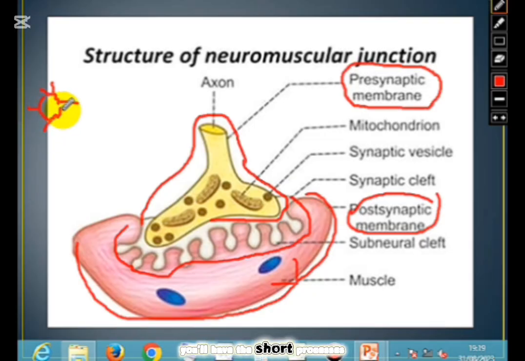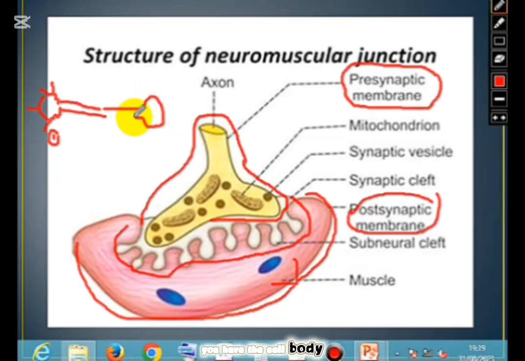You have the short processes, and then you have the long one. This is the first nerve cell or neuron. And then you have another one here, nerve cell number 2. You have the cell body, and then you have the axon.